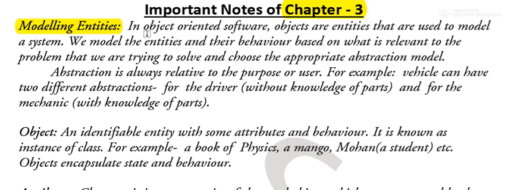To create software in an object-oriented programming language, we need many objects which are used to model a system. According to the requirement of software, we model the entities and their behavior to get an appropriate abstraction model.